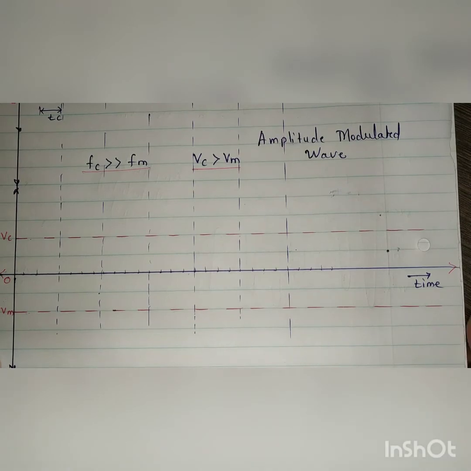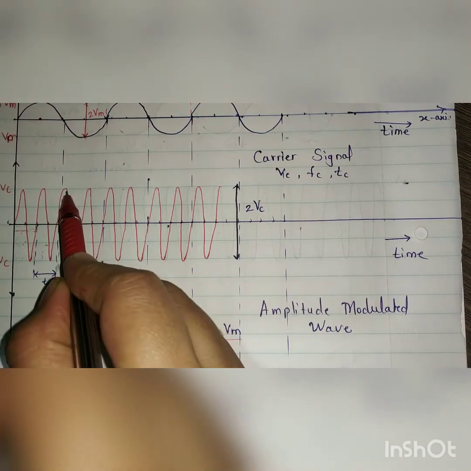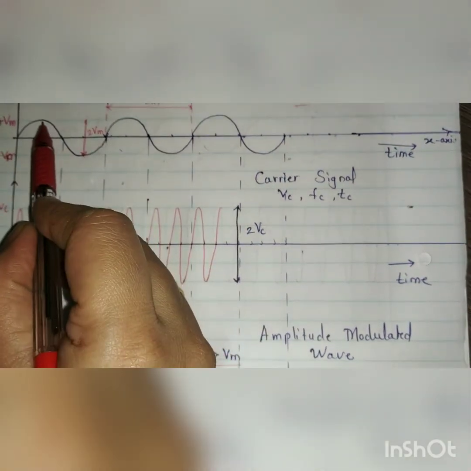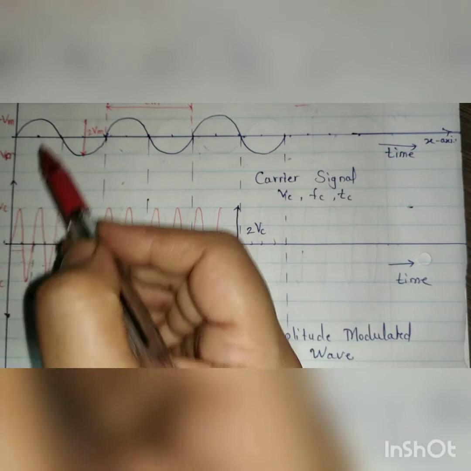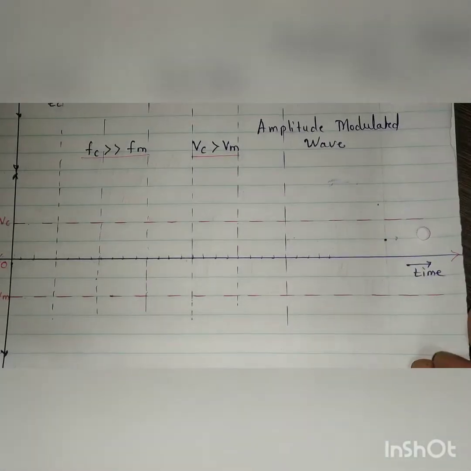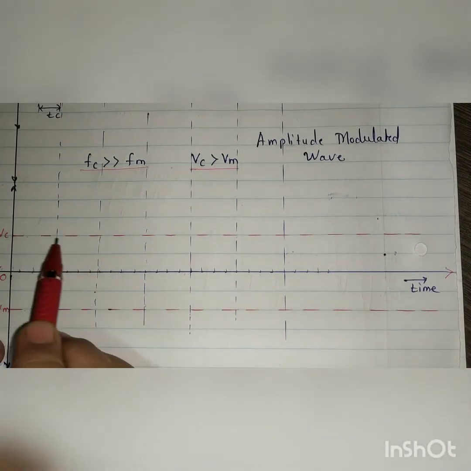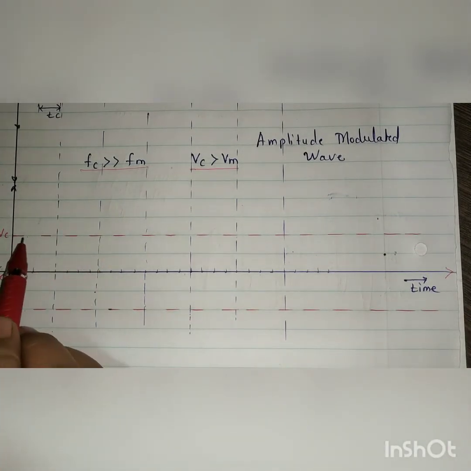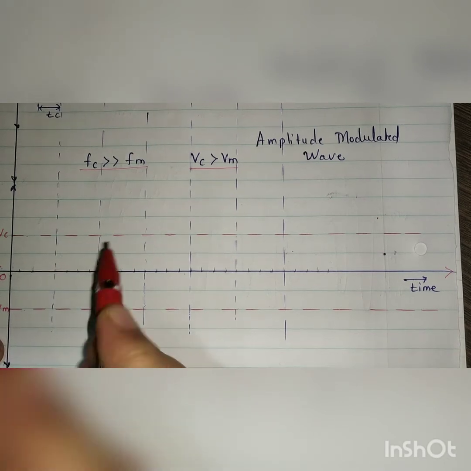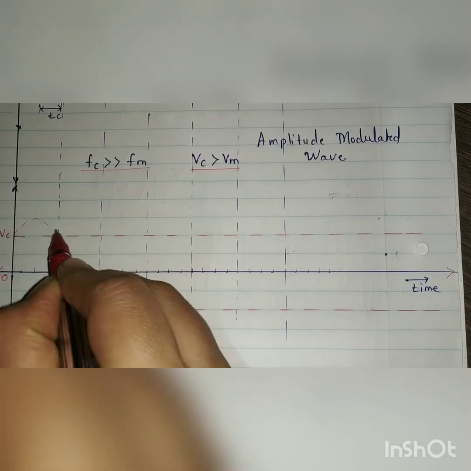Now in amplitude modulation, your carrier signal amplitude will get changed according to modulating signal amplitude. We have to represent this in amplitude modulated signal. So I have drawn plus VC, and with reference to this plus VC line, I am going to draw modulating signal dotted.